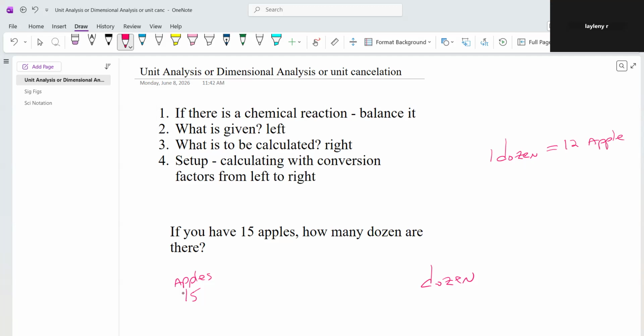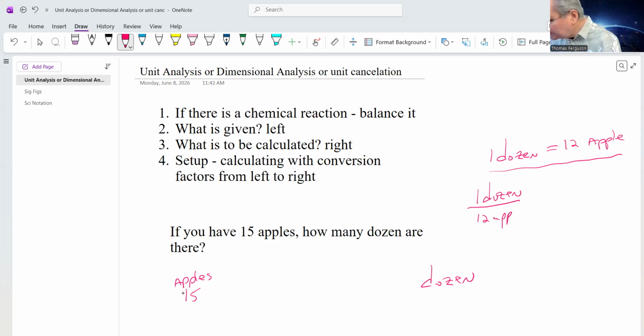Everyone agree to that. Okay. Now, every time we get a conversion like this, we are going to convert it to 2 fractions. One fraction is 1 dozen over 12 apples, and 12 apples over 1 dozen.